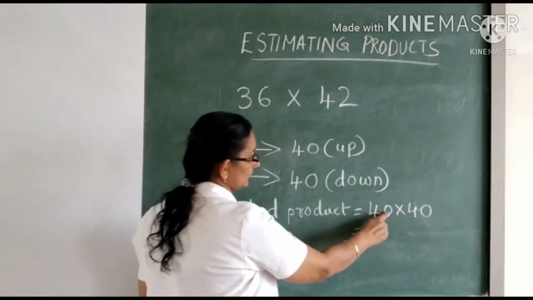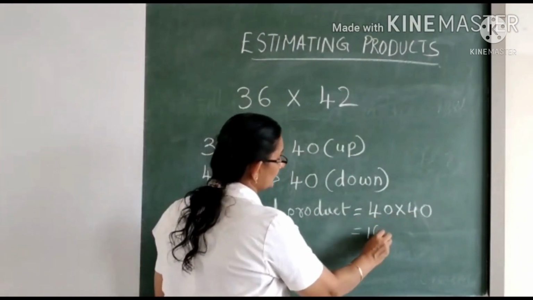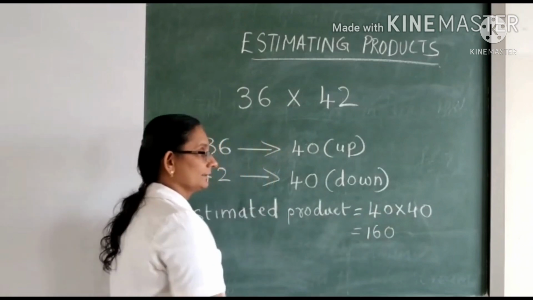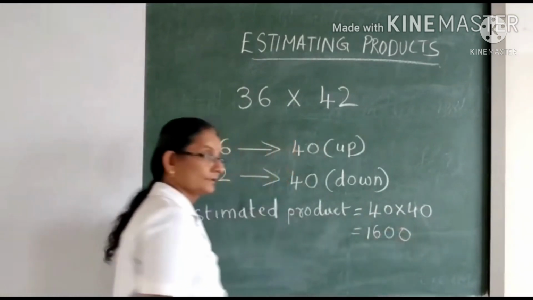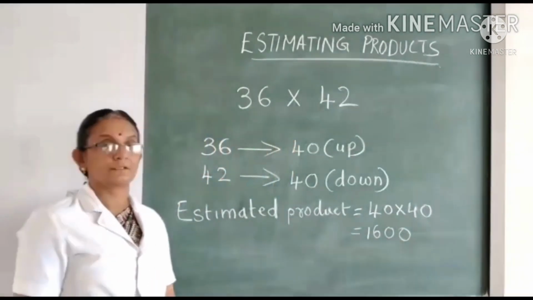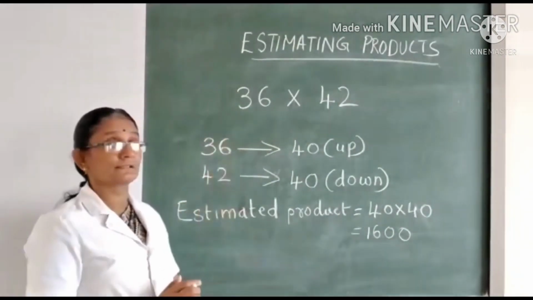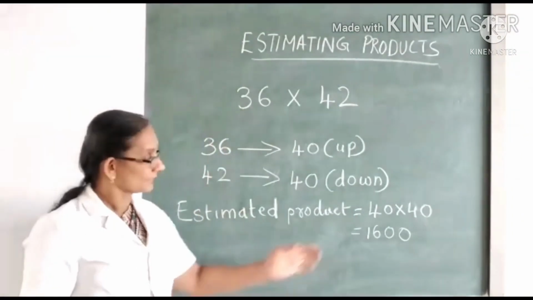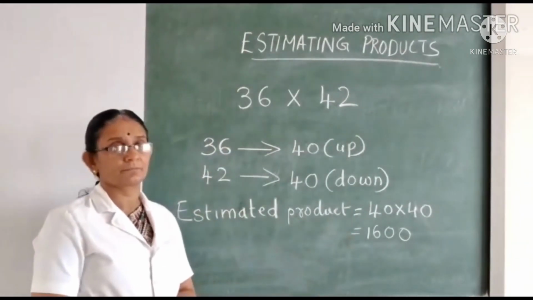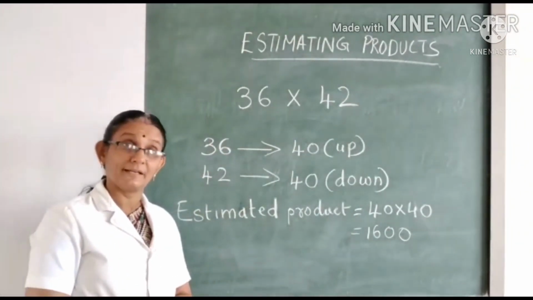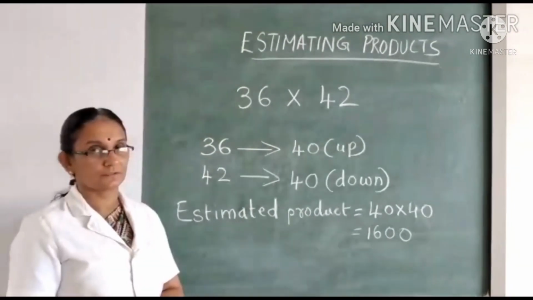So, multiply 40 into 4. That is equal to 160. And put a 0 to the right, and you get the answer as 1600. So, the estimated product of 36 and 42 is 1600.